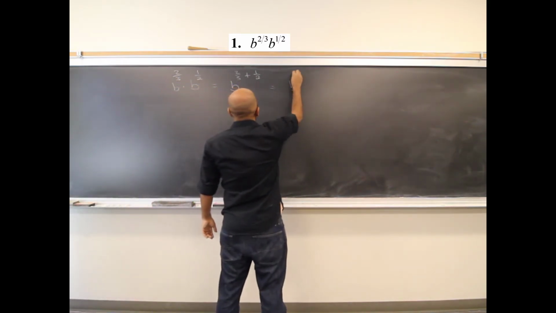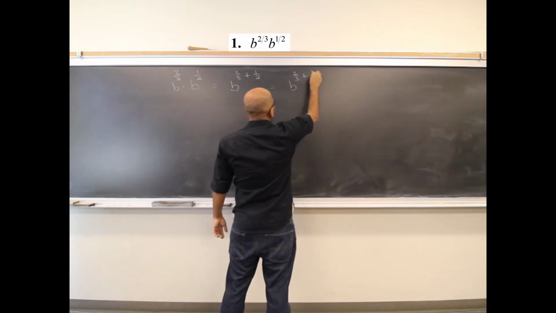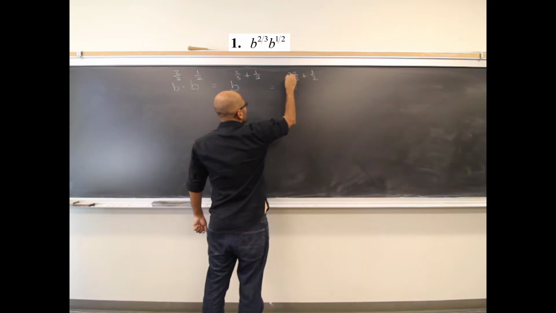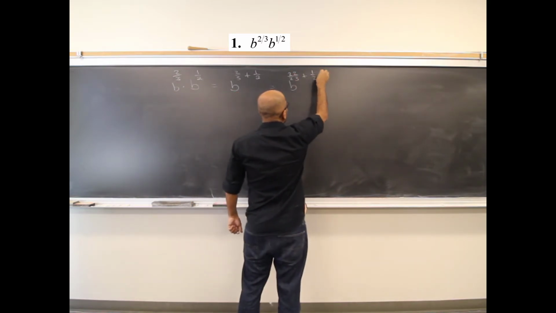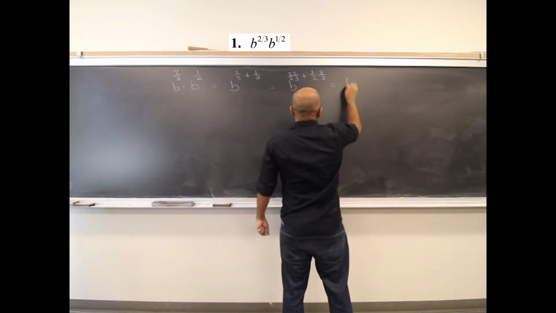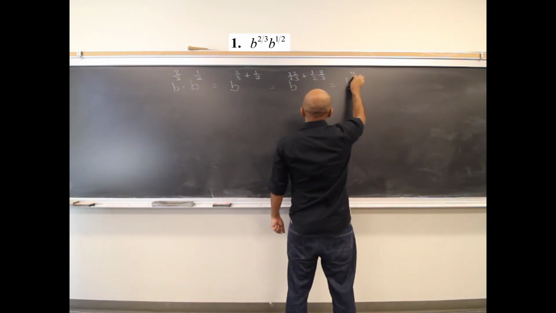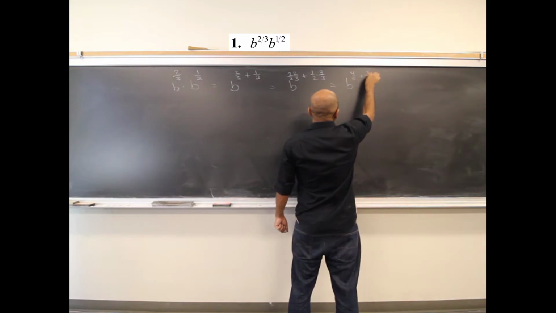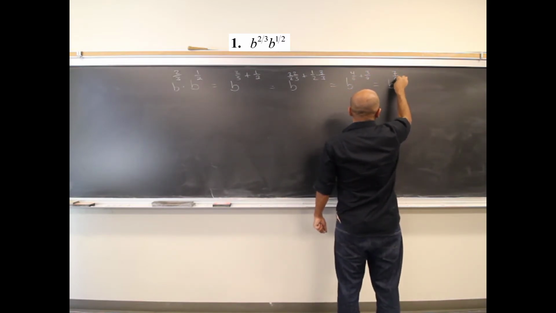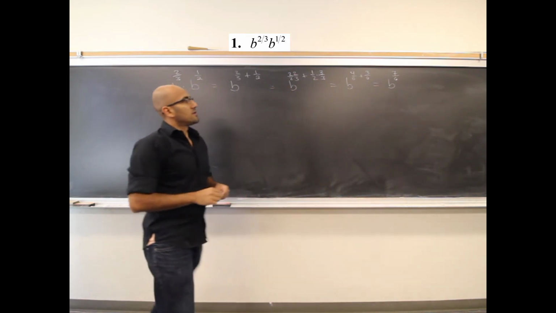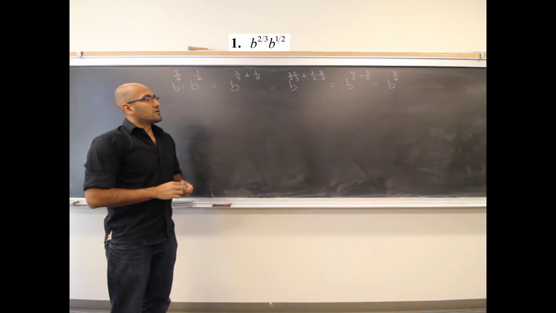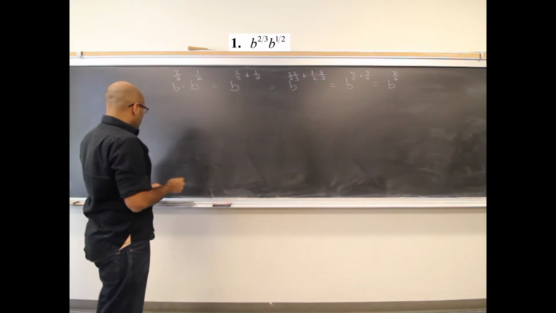This is equal to b to the 2/3 plus 1/2, and I'm gonna multiply this by 2/2 and this by 3/3. And then that'll lead to b to the 4/6 plus 3/6, which leads to b to the power of 7/6. Good?